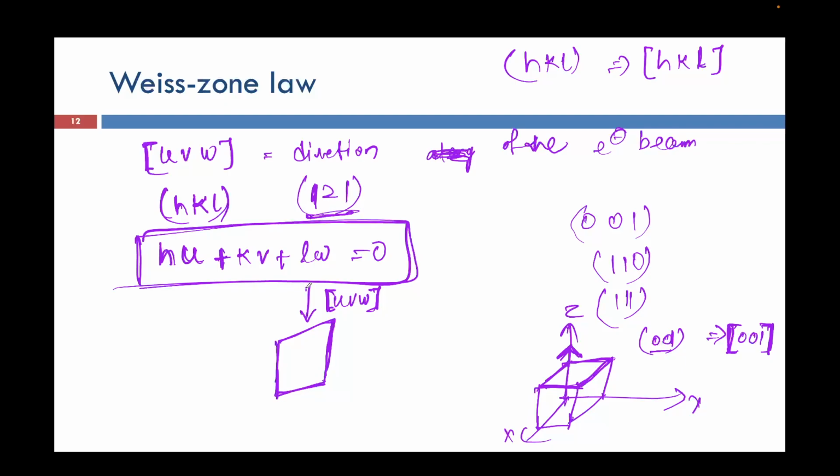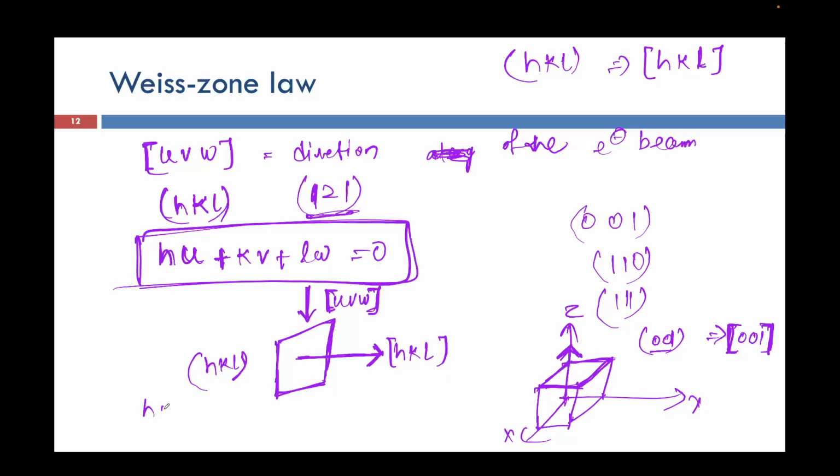So now I am saying that this is UVW and my plane is HKL. The normal to this HKL plane will be along this direction, right? The normal will be the HKL direction, and this is the direction UVW.